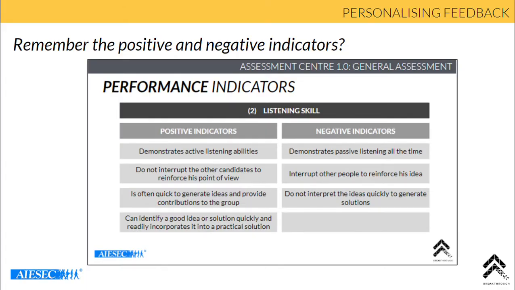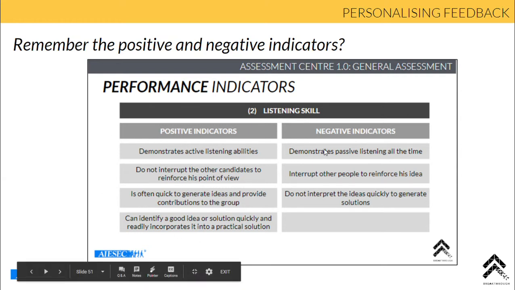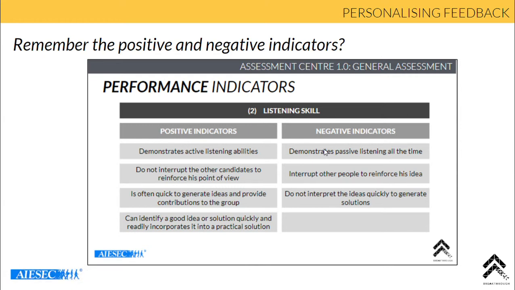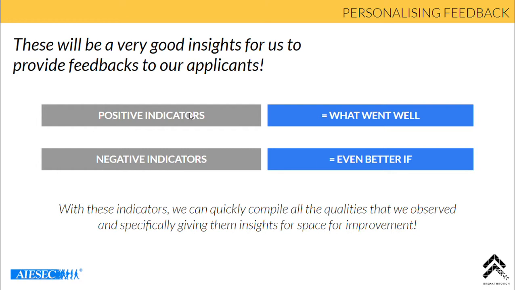For now, we provide the positive and negative indicators that we select for the candidate in assessment center. In the end, this becomes the feedback for the candidate for the assessment process. That is a very good insight for us to know more in a more constructive and objective way, and at the same time it provides feedback to our applicants.